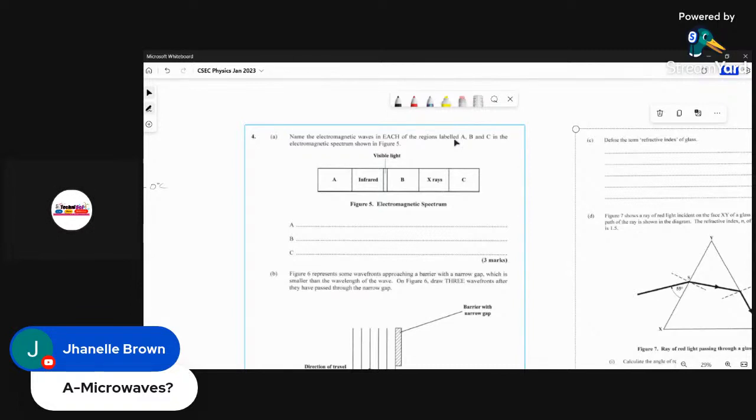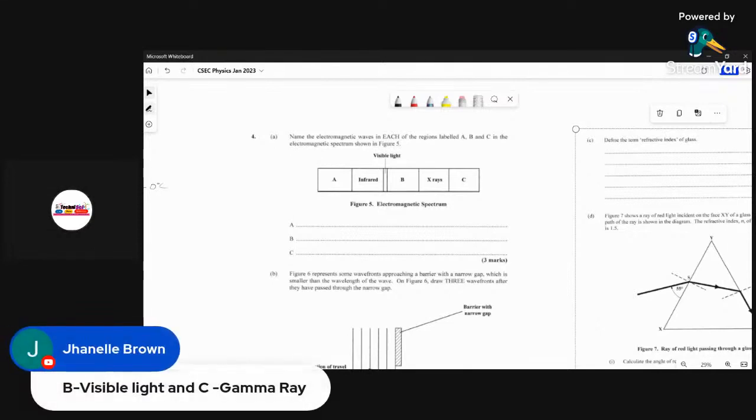All right, so I see gamma for C. Yes, saw gamma for C twice. But B now is the one that we need to make a little check for. Oh, yes, UV is B.